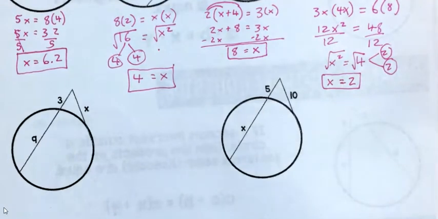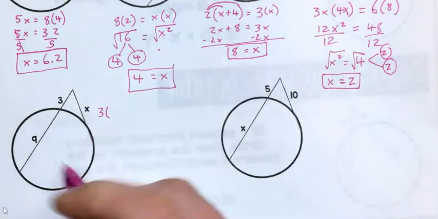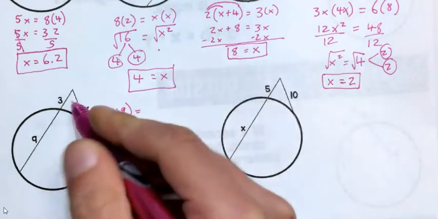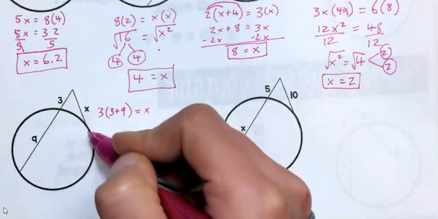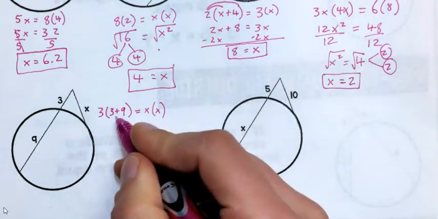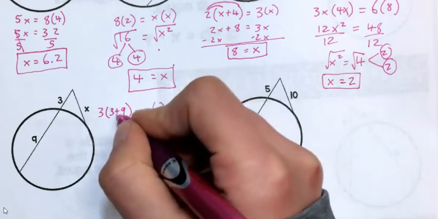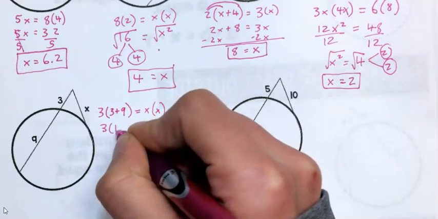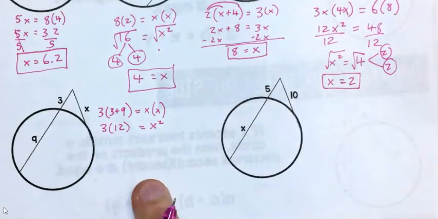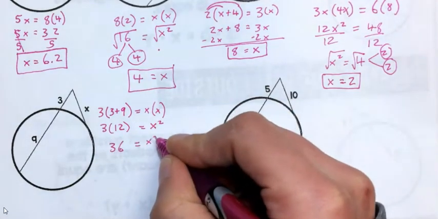Okay, so let's translate that to here. The part, 3, times the whole, 3 plus 9, equals the part X times the whole, which is also X. 3 plus 9 is 12. So 3 times 12 equals X times X, that's X squared. 3 times 12 is 36, equals X squared.